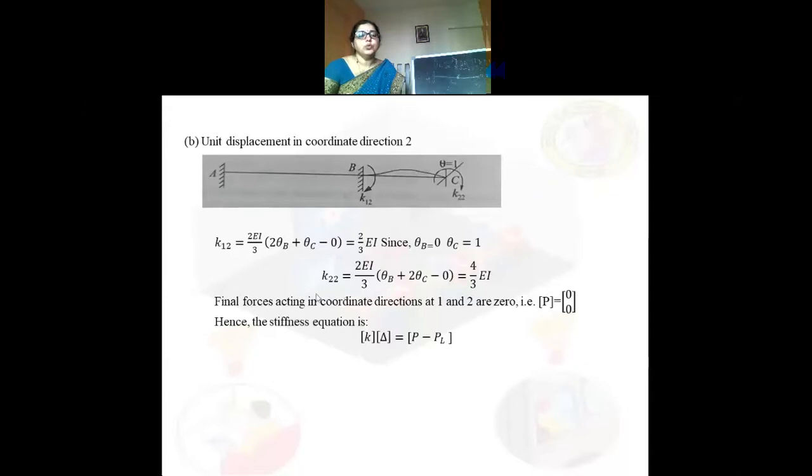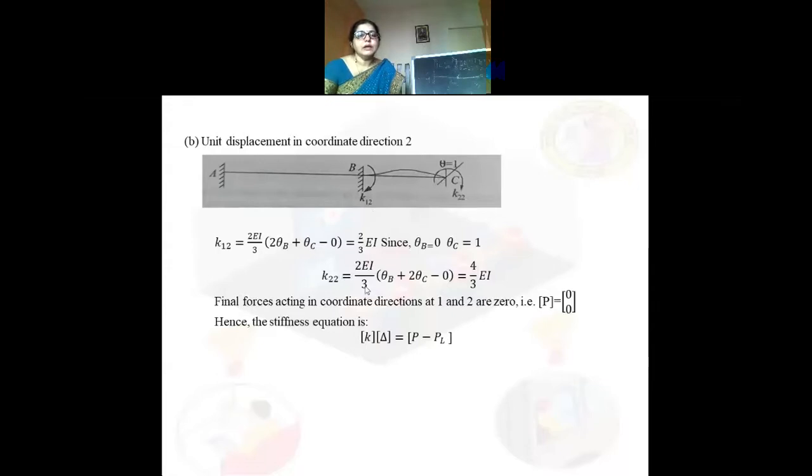Next, similarly, K22. What is K22? What is the force developed at coordinate 2 due to unit displacement at 2? So K22 is connected to span CB.